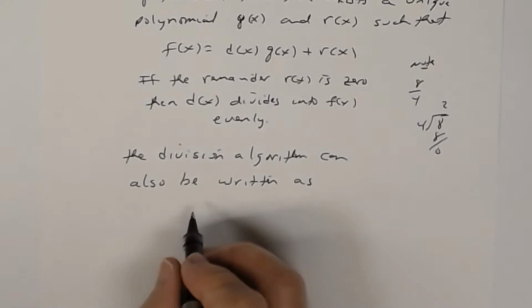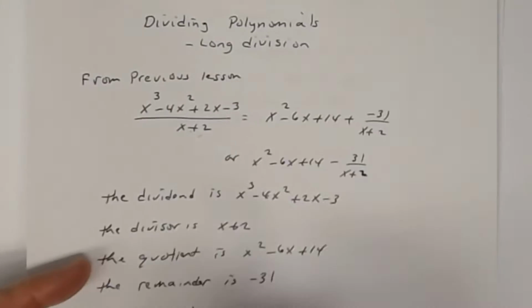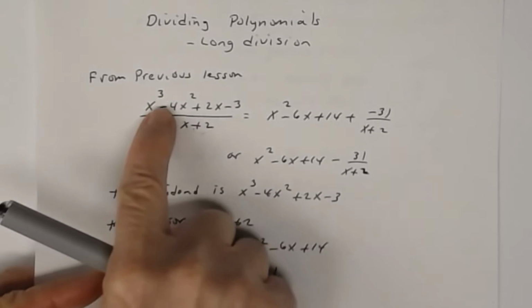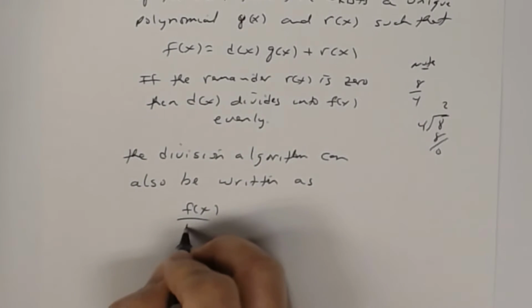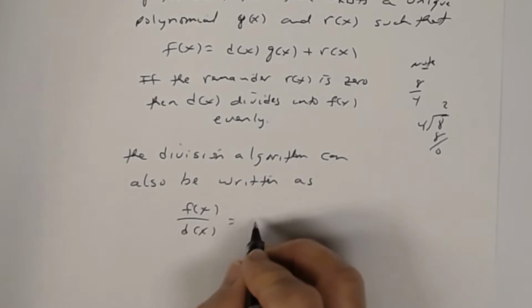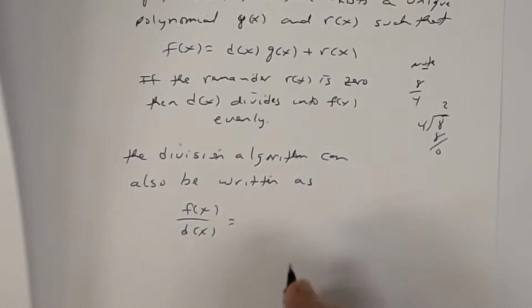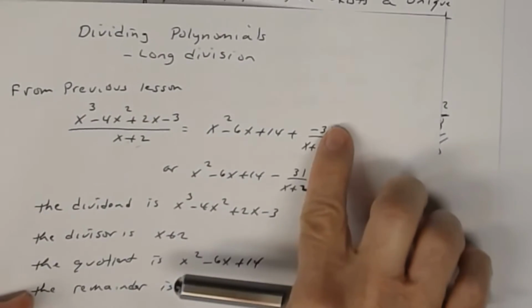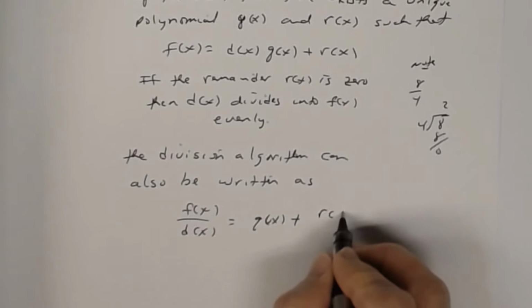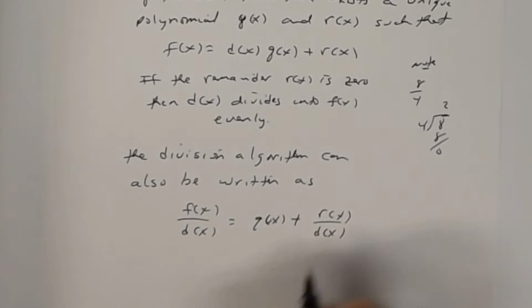So you have f of x divided by d of x is equal to the quotient, so q of x, plus the remainder divided by the divisor. So plus r of x divided by d of x. Okay? All right, so that's the division algorithm.